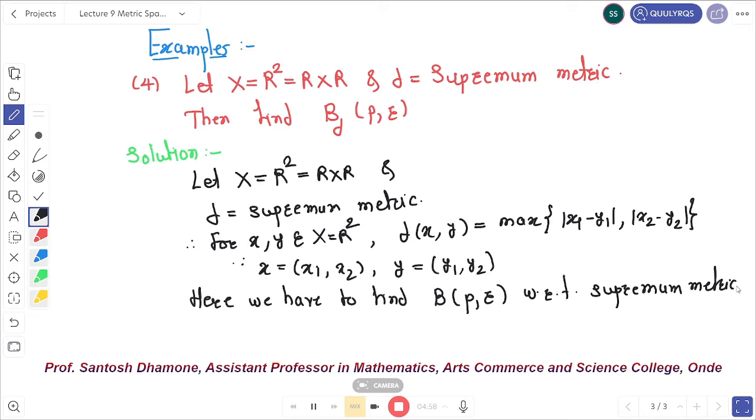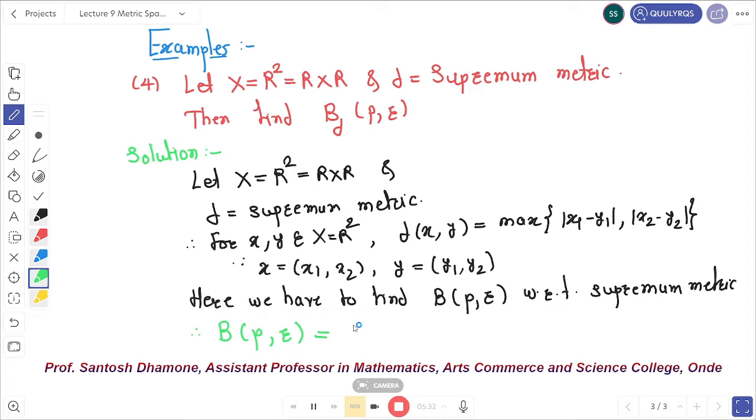Therefore, the open ball about p with radius r is equal to the set of x belonging to R2 such that the distance between x and p is less than r.